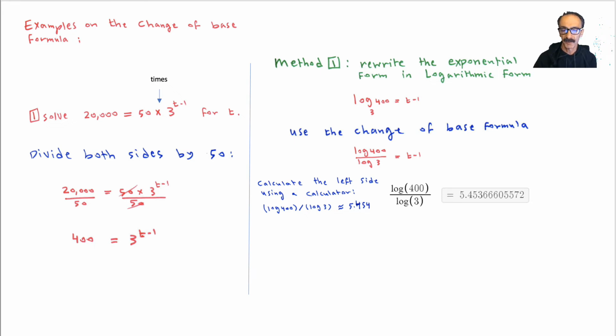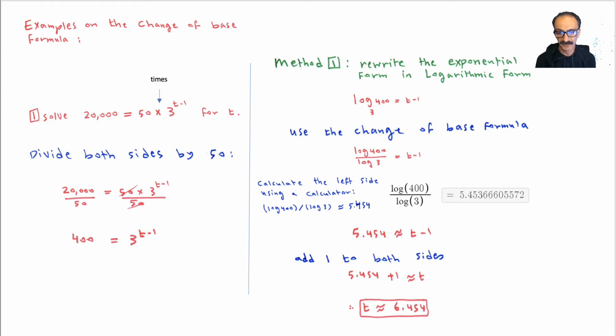Now go back to the problem and replace the left hand side with this. So we have 5.454 is approximately t minus 1. Add 1 to both sides. You get t equals 5.454 plus 1, which is approximately 6.454. Done.